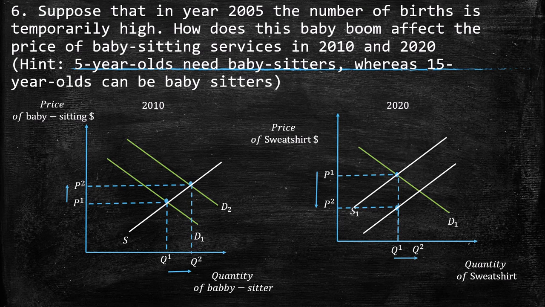But at the same time they don't need to be cared for anymore, so there's going to be a decrease in demand as well. So depending on the movement, the quantities are going to vary. They're going to be higher, lower, or the same. It depends on the shift of those curves. But what is 100% sure is that the price of babysitting is going to decrease.